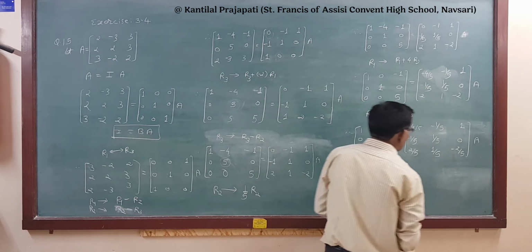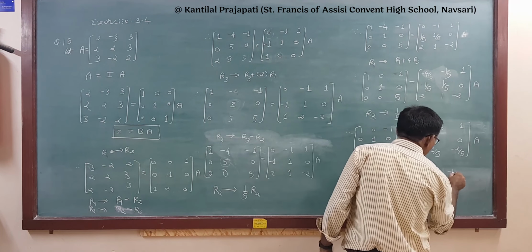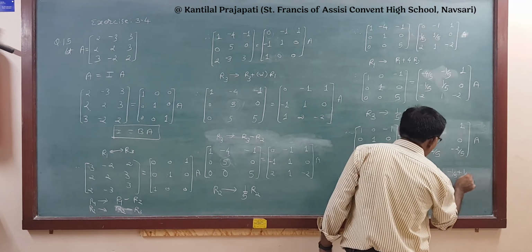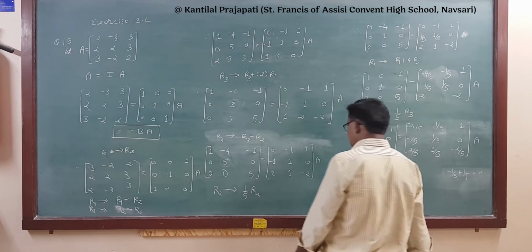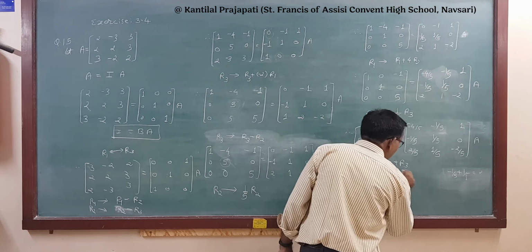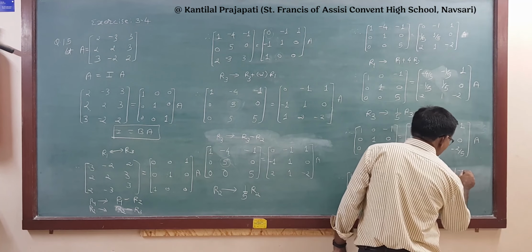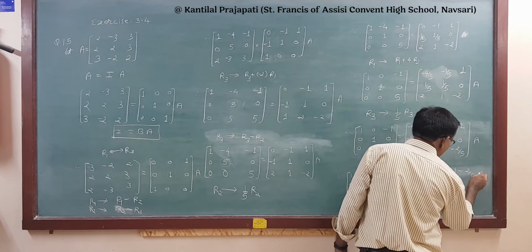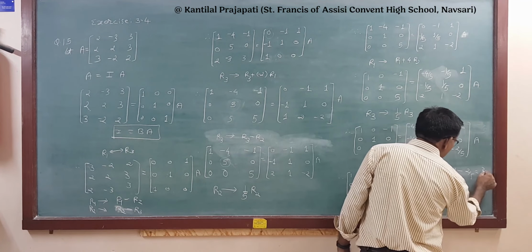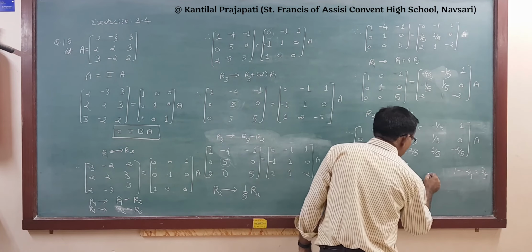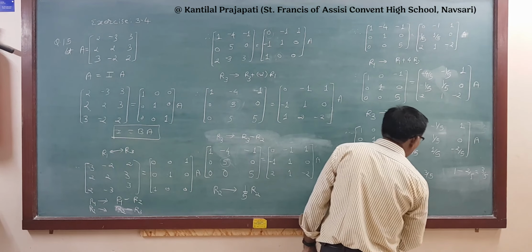Then what is here? Minus 1 by 5 plus 1 by 5, and that is 0. So we get 0 here. Then the last element, 1 plus 1 minus 2 by 5, that is 5 minus 2 is 3 by 5. So we get here 3 by 5.